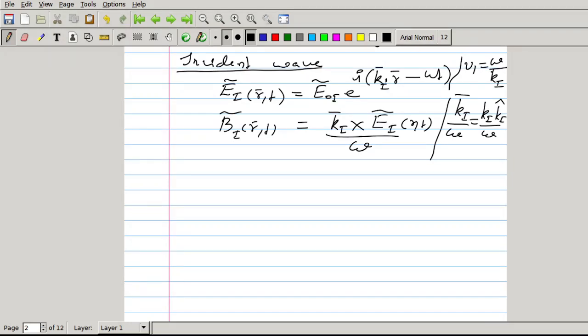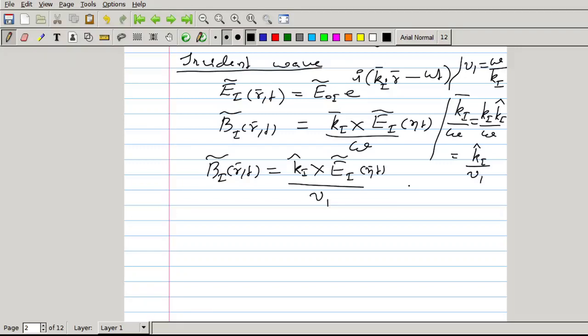So we can write it as K_I cap by V1. So B_I(r,t) is equal to K_I unit vector cross E_I(r,t) by V1. This is equation number 1, and this one is equation number 2. This is the incident wave.